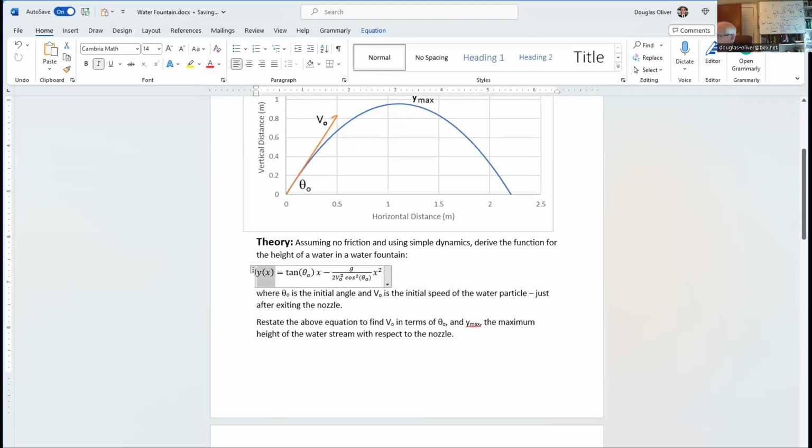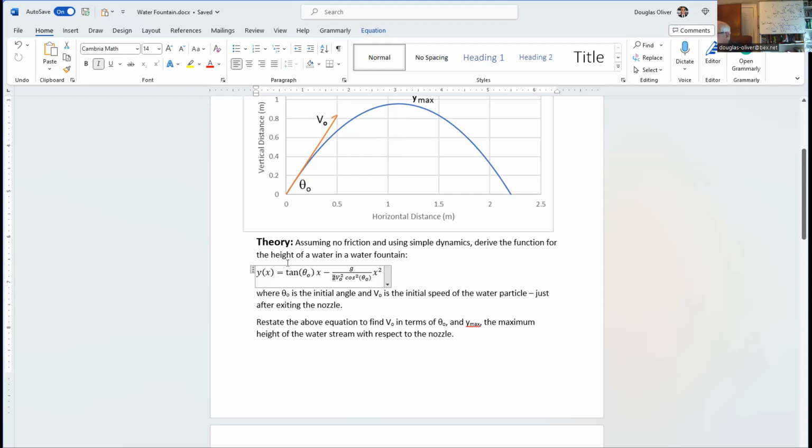Well, first thing we'll do is we'll remember y max occurs when the derivative of this equation with respect to x is 0. So let's take the derivative of this equation and set it equal to 0. Derivative with respect to x. That'll take this out. That'll change this from x squared to 2x. And so these will cancel.